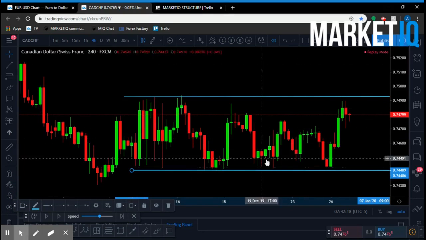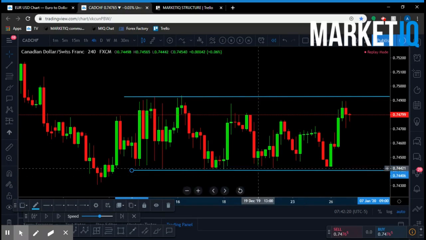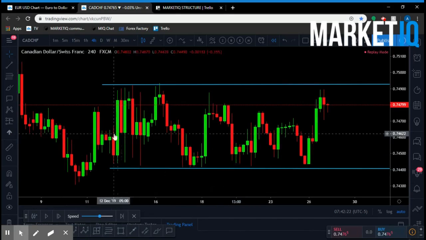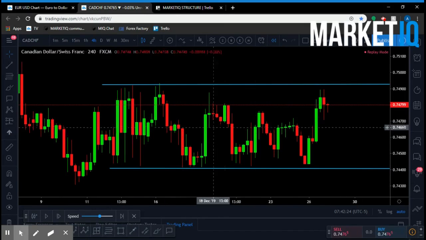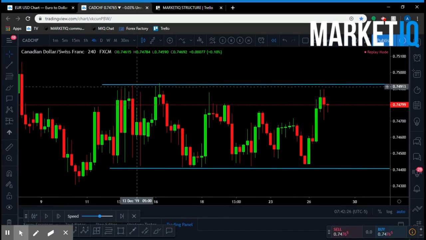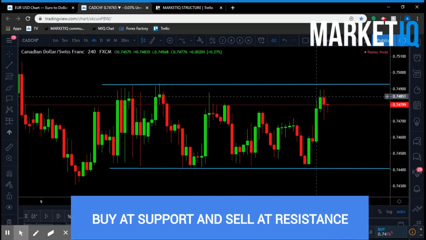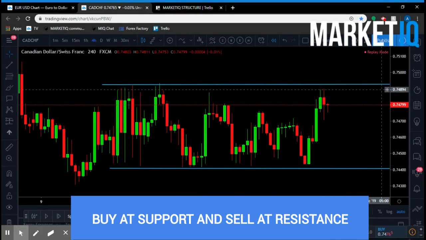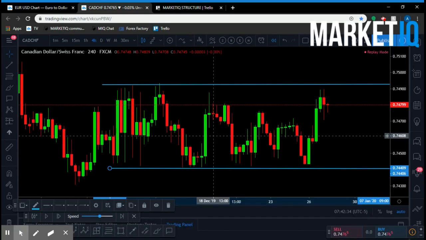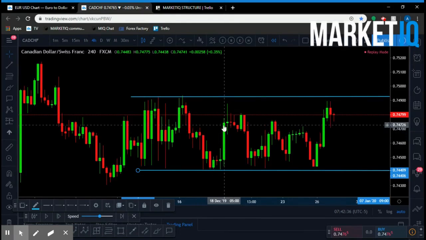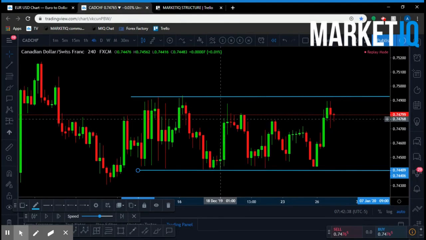You can't really tell if it's going up or if it's going down. So when the market is ranging sideways, that's when we use support and resistance trading. Sell up here, buy down here. Sell up here, buy down here, etc. So that's the basis of a ranging market.